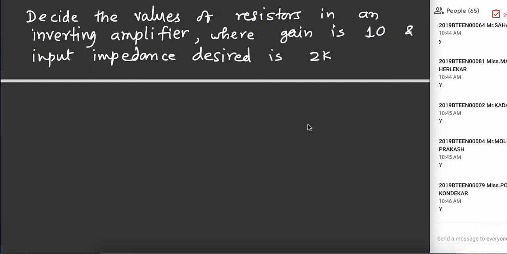So quickly do that. When you are done, you can type D.